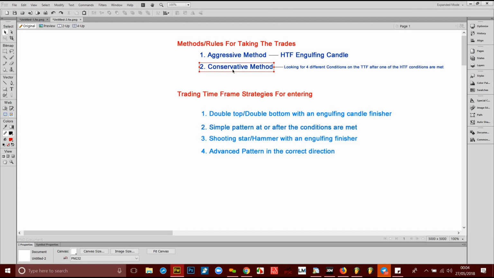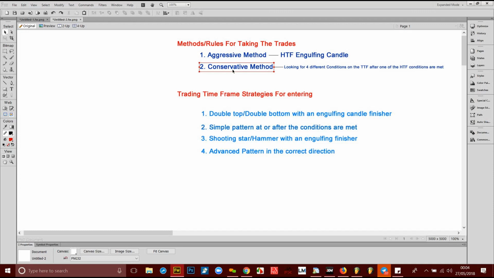Maybe your 1 hour, your 15 minutes. You do the analysis on the higher time frame, the daily, the 4 hour, the weekly. Then you enter on the lower time frame, called your trading time frame. So these are the conditions to look for in your trading time frame before you can actually take a trade.